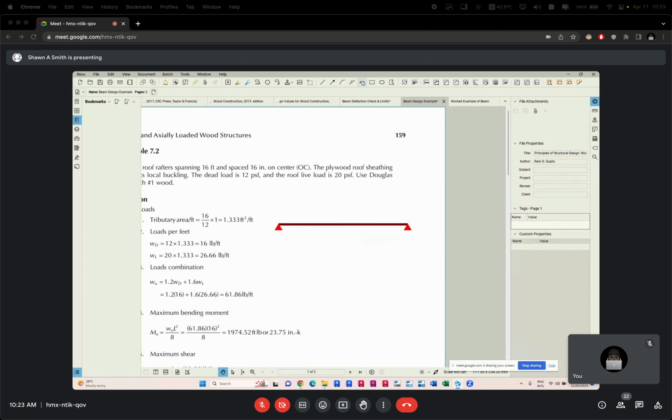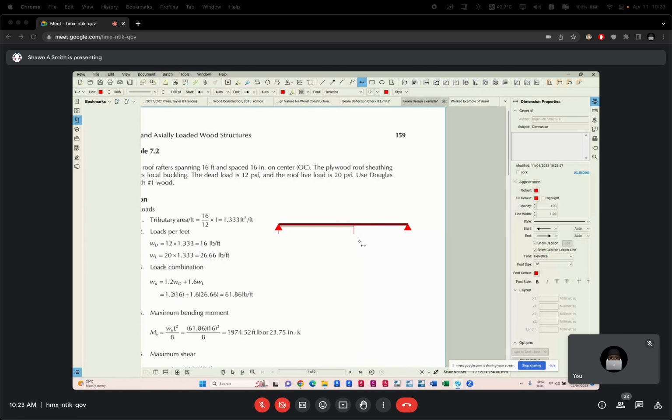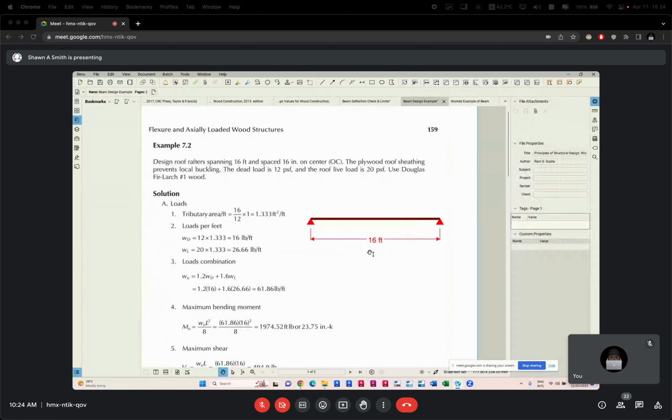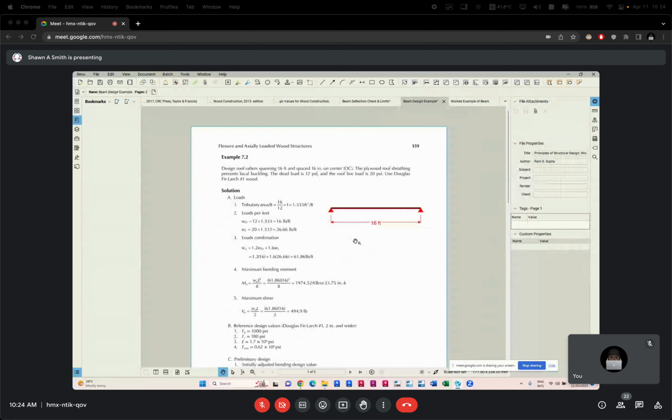This beam is 16 feet long. 16 feet. You can quickly make your sketch as I go along. That's 16 feet long.